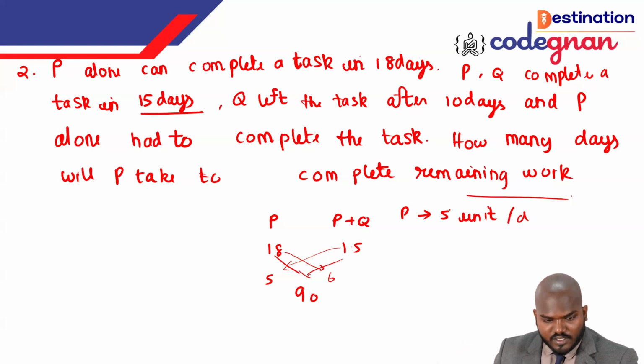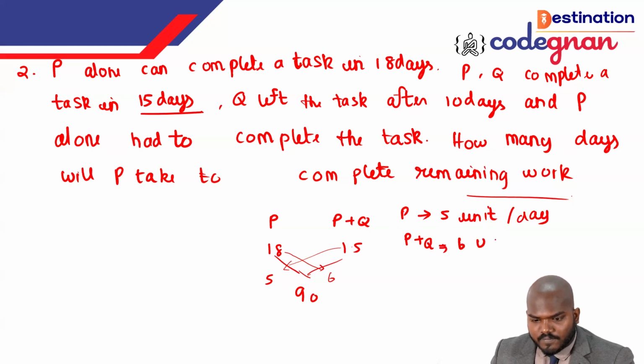Instead of keeping the fraction like this, you can also say it like this: 5 units per day is the only thing. The second thing that they have given is P and Q. P and Q, we can call it, they can finish 6 units per day.